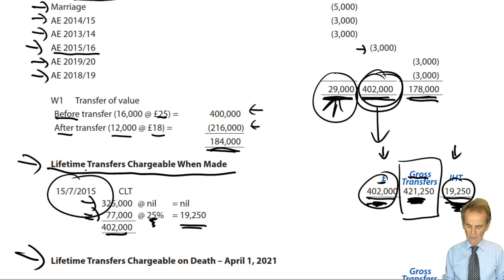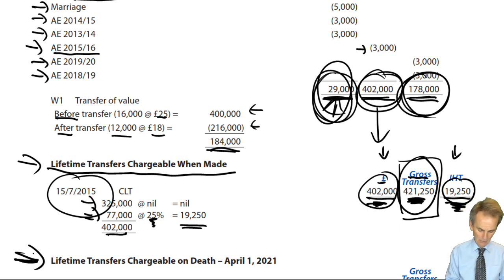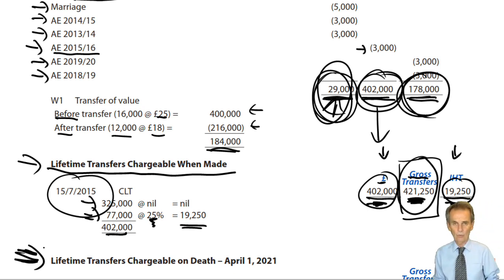Now we know the chargeable transfer figures for both of the PETs, the 29,000 and the 178,000. And those become chargeable once, only on the occasion of death. They will be charged tax just the once, and at the rates applicable at the date of death. The 402,000, as was for the CLT, that was chargeable when made, and the gross amount of that transfer will also go into this computation here, the lifetime transfers chargeable on death, because it too falls within the 7 years before the date of death.